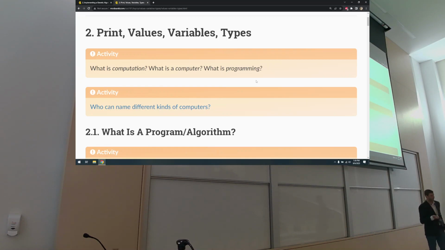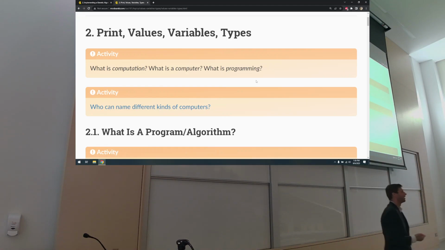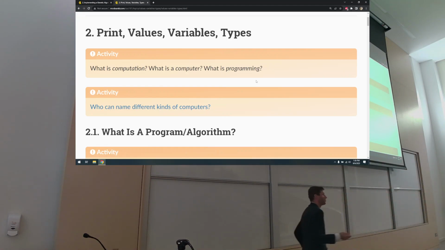But let me ask you, who can tell me what computation actually means? I'm not being tricky. You've all used the word, or maybe you haven't used it, but you've heard it, you're familiar with it. And then I'm going to ask you, well, what is computation? What does that actually mean? And you're kind of left going like, well, it's that. What were you going to say? Input, outputs? It could be part of it, yeah.